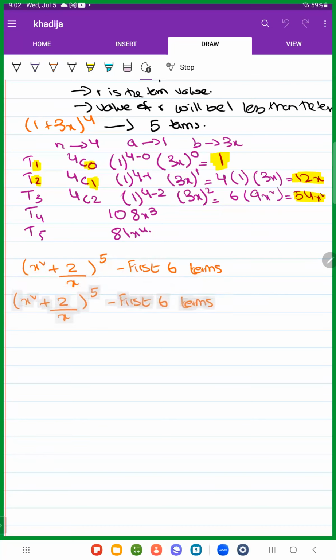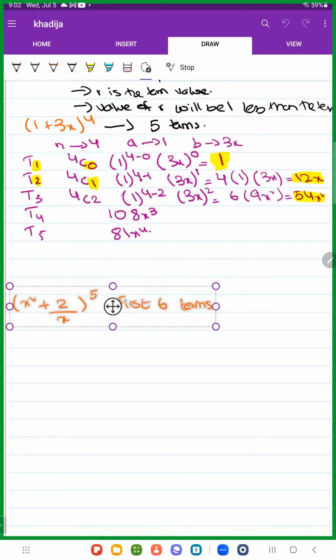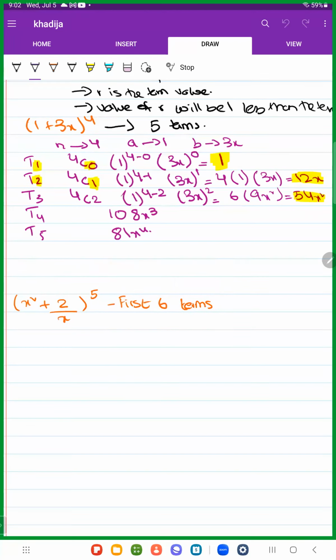So the first one will be x to the power of 10, right? Okay.